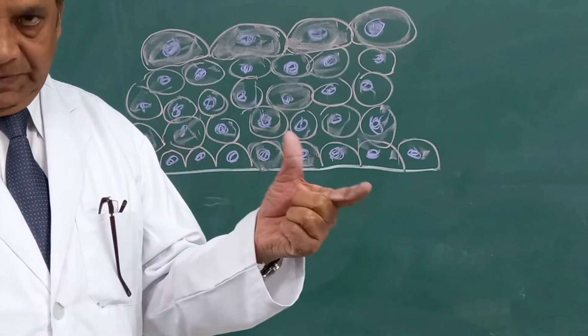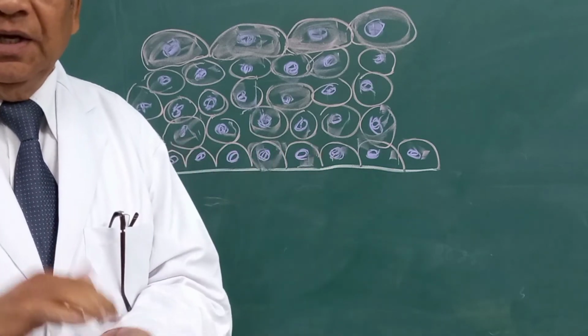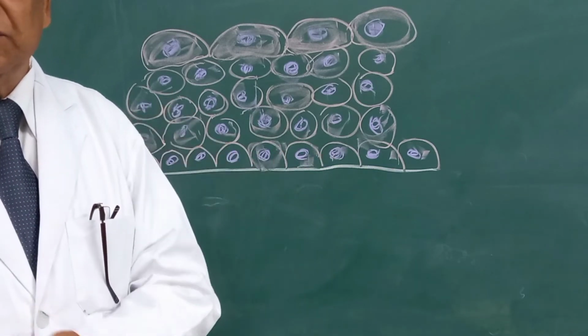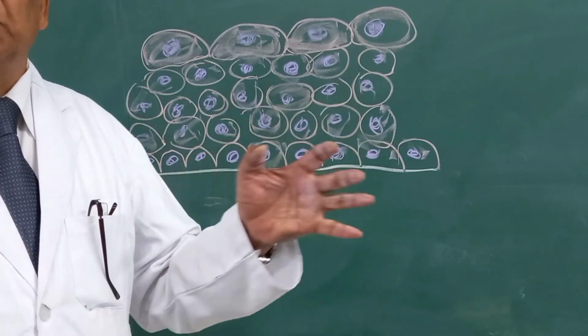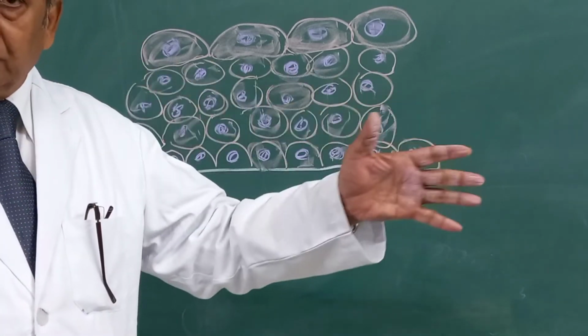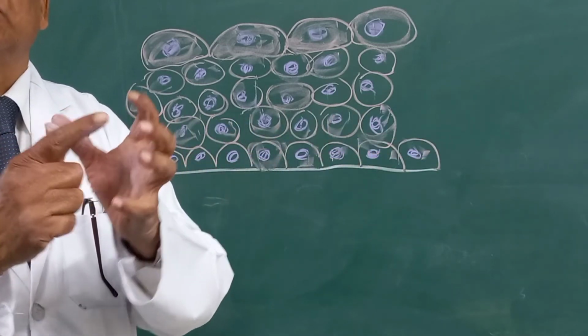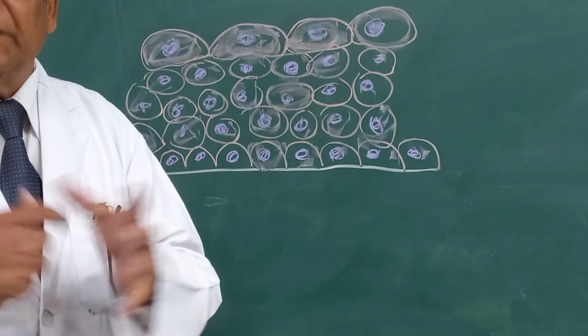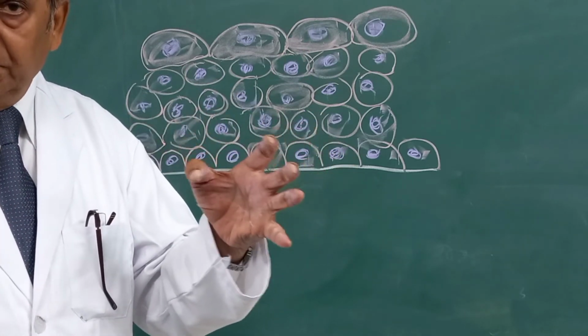Say for example, when the urine is about 150 milliliter, you feel a desire to micturate, but if you are not able to micturate, it can keep on collecting urine inside the urinary bladder, so the wall of the urinary bladder will get highly stretched up to 500 milliliter, half a liter.